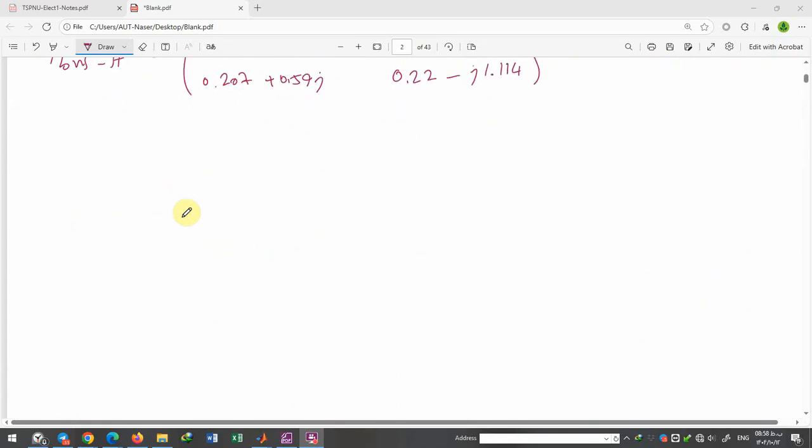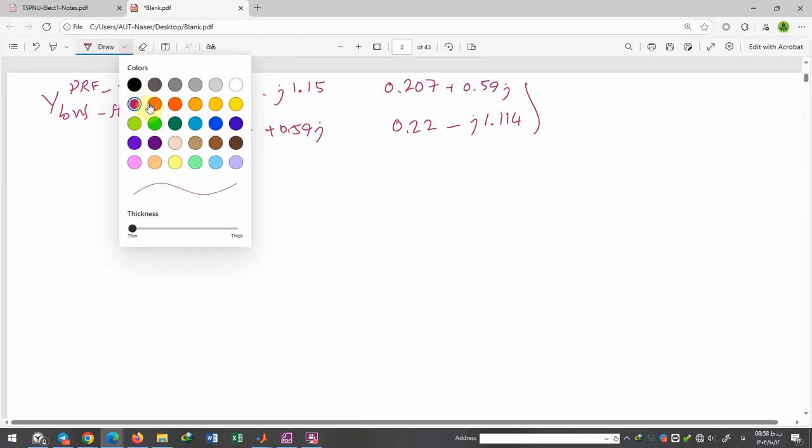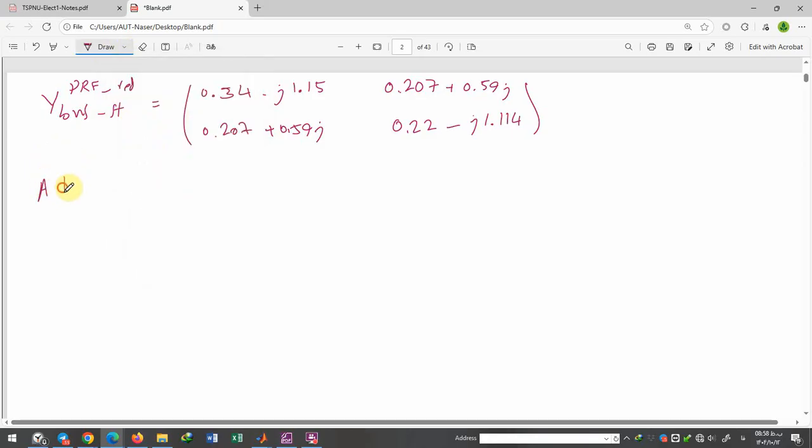Please suppose that a question says that a three-phase fault happens in bus three.